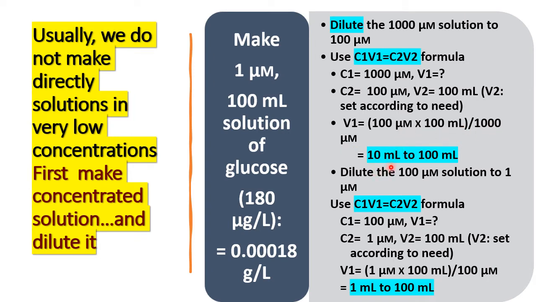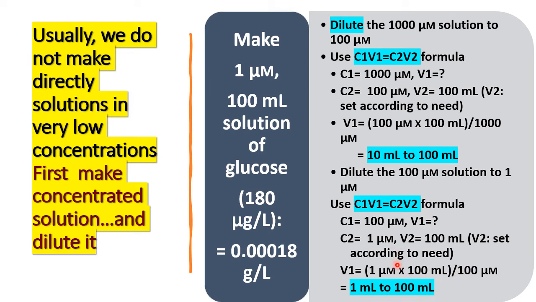So if we dilute this 1000 micromolar solution by taking 10 milliliters of it to 100 ml, the solution we get is 100 micromolar. So 10 ml to 100 milliliters is quite a reasonable number. Now we can dilute this 100 micromolar solution which you have just made to 1 micromolar, and using the same formula by putting the values here, the answer comes out to be 1 milliliter.